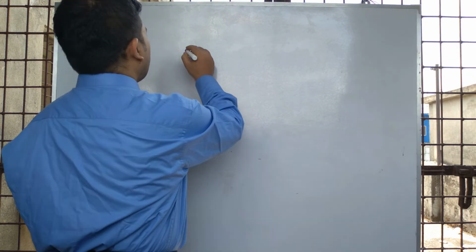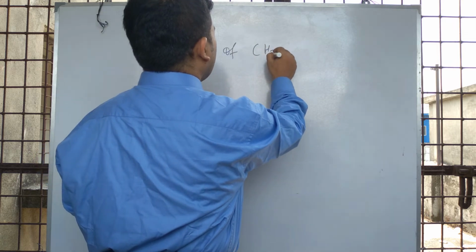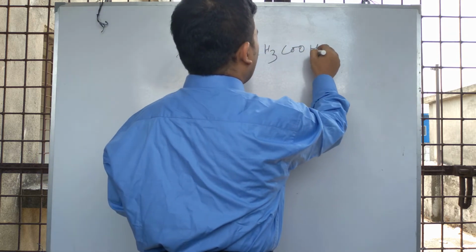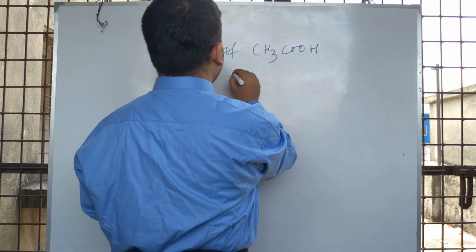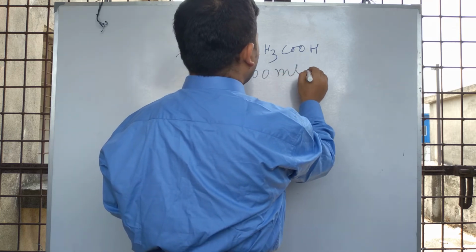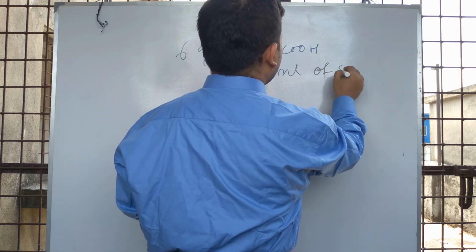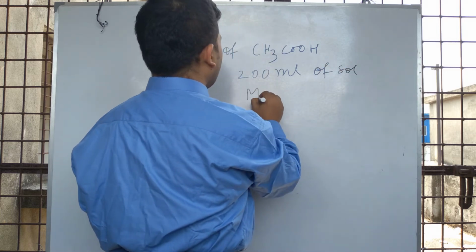Next we have to calculate: suppose 6 gram of acetic acid forms 200 ml of solution. What is its molarity?